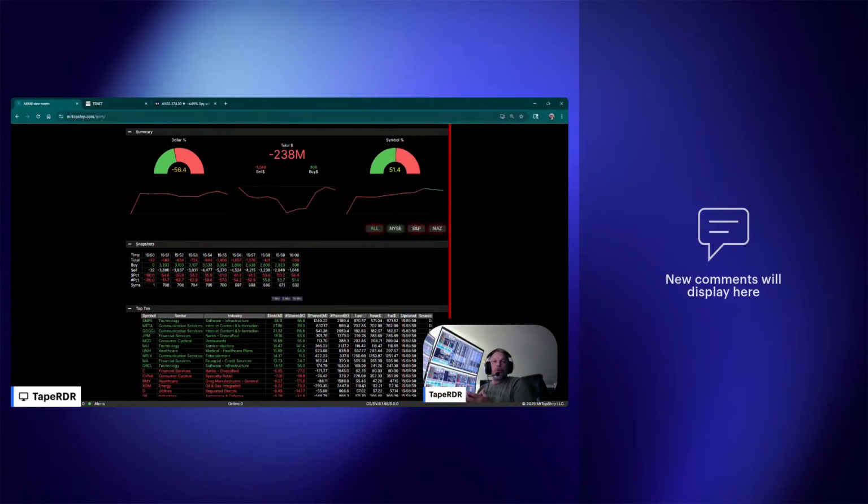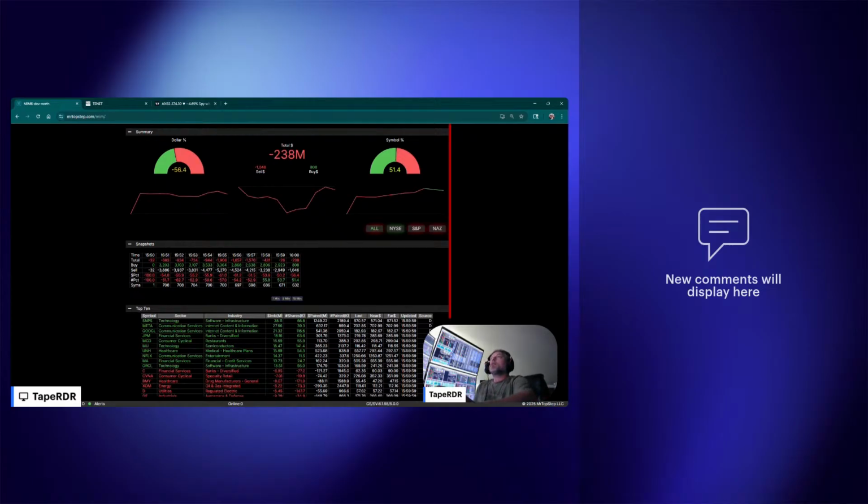There's also MOO, which is market on open. It's the same thing. The only difference is one's at the beginning of the day. It happens exactly at 9:30:01, and MOC happens at the end of the day, typically at 4 o'clock and 1 second or 2 seconds right after that.